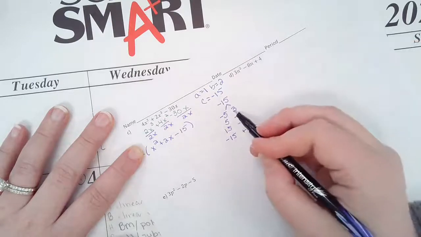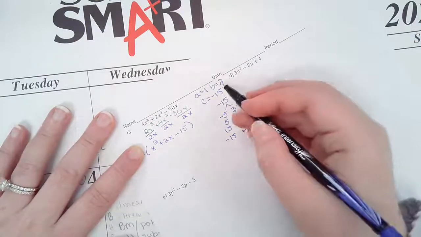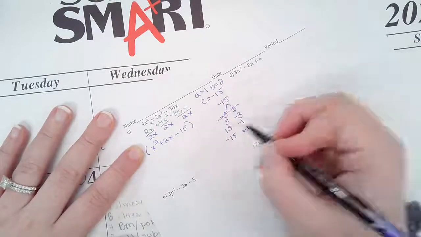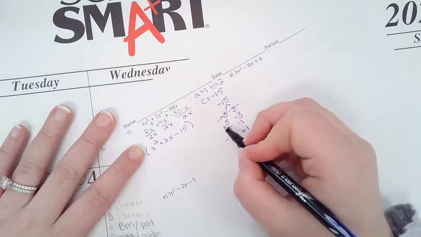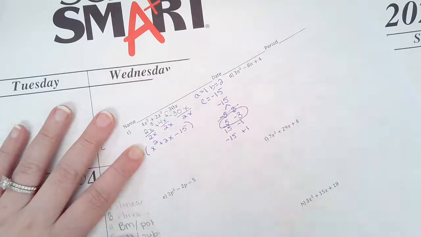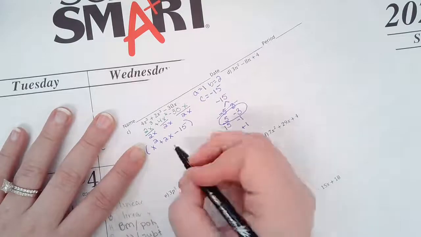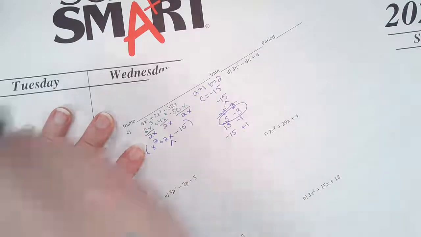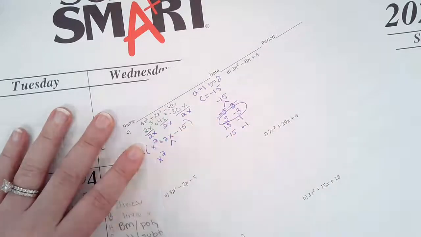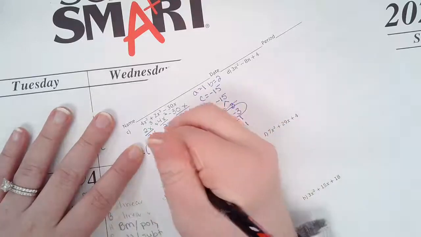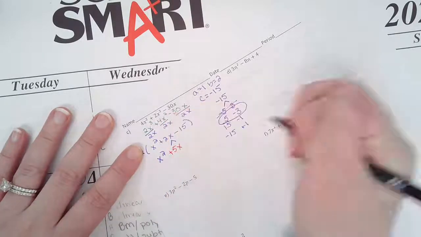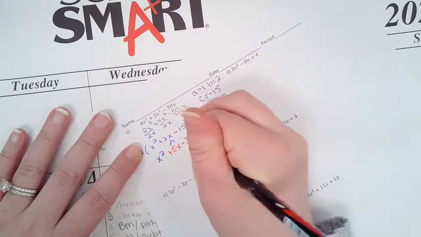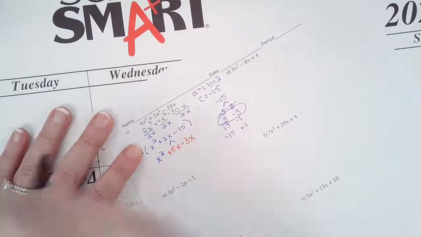So now, instead of 2x, I am rewriting it as plus 5x and minus 3x and then minus 15. And just so you know, if you wrote negative 3x over here and 5x there and you switch them, you're still going to get the same answer when you use the grouping method. So from there, I'm going to group.